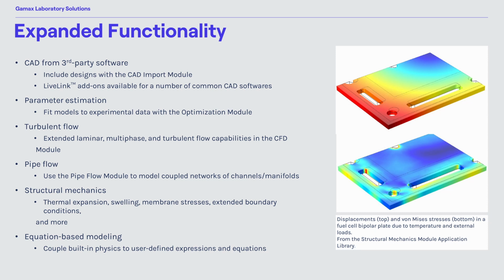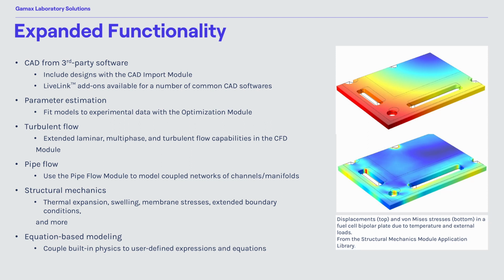So there are many more options that you can use on top of the fuel cell model. You can extend with many other modules and capabilities based on your simulation needs. They can increase the complexity of your model to match real-world problems more precisely.